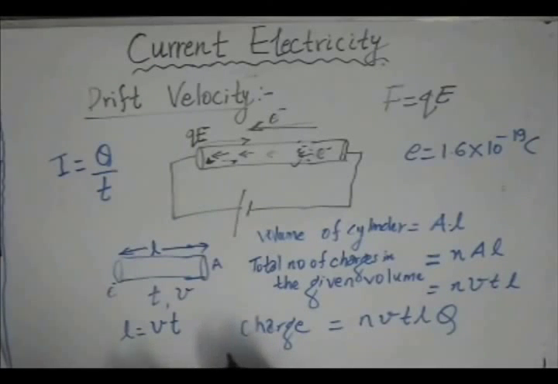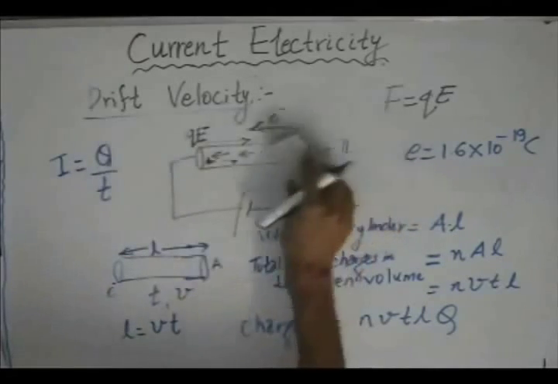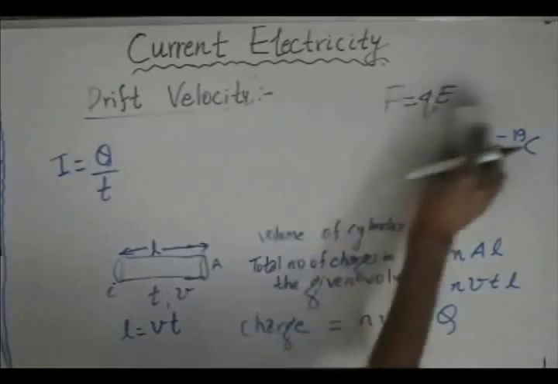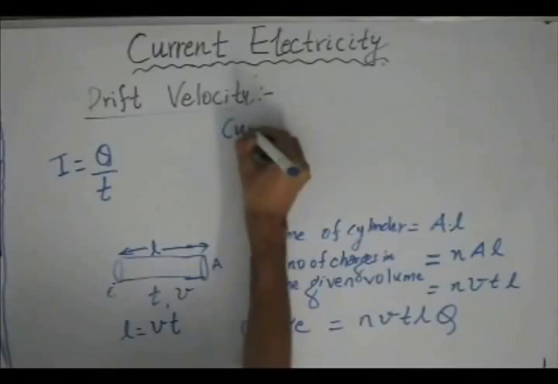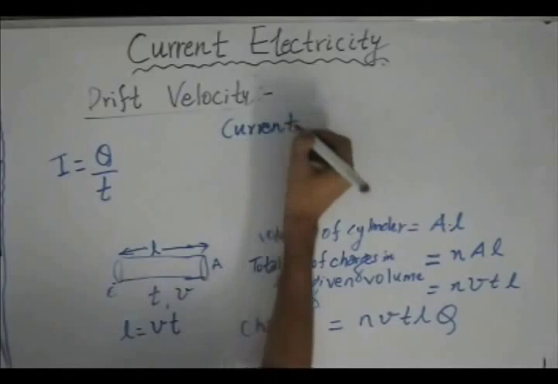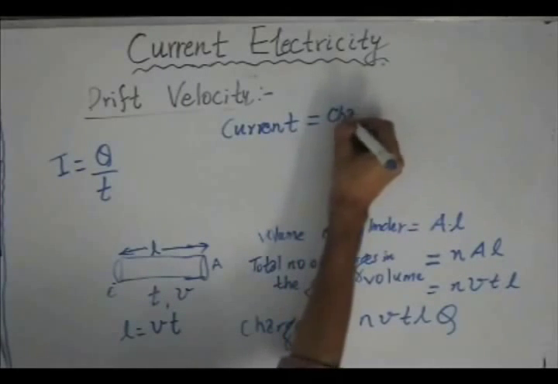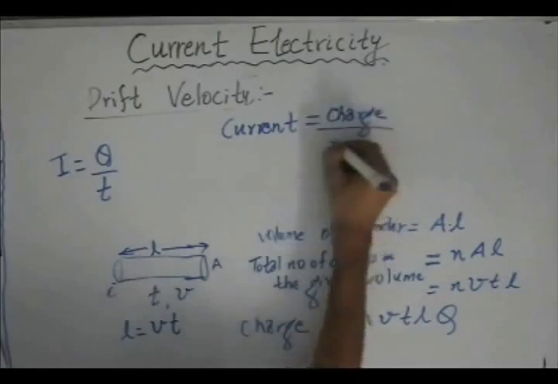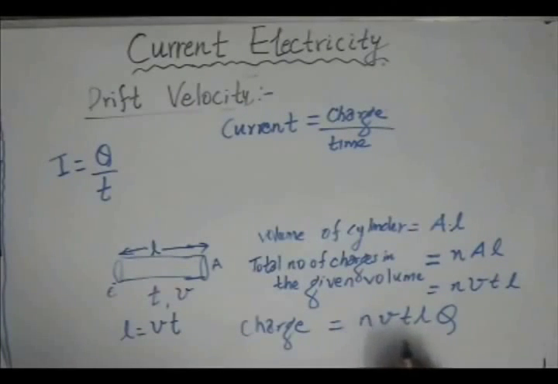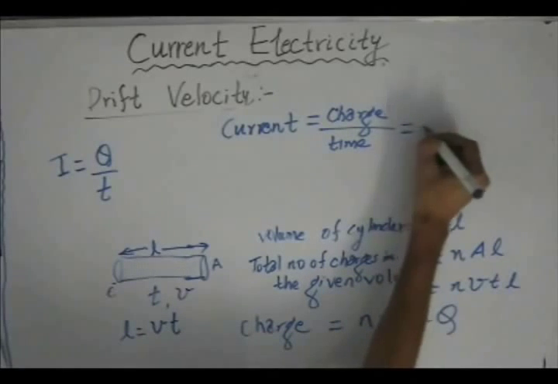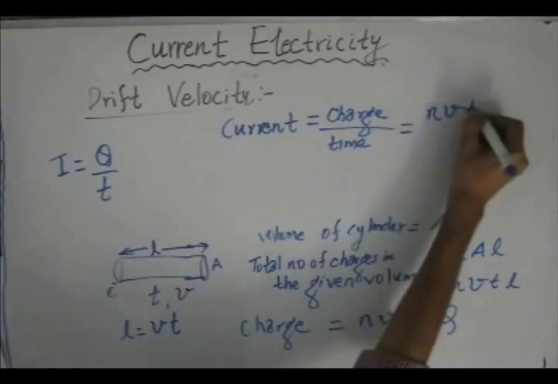So we can write that the current flowing through this cross section is charge per unit time. Now we know that charge is given by this, so after substituting in this equation we get nAvt.